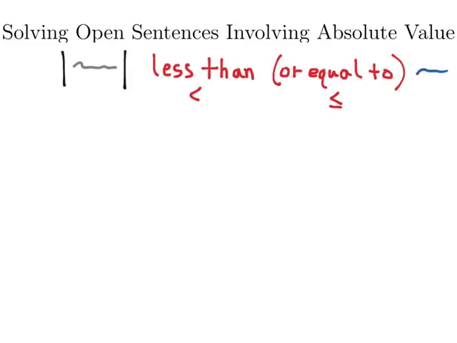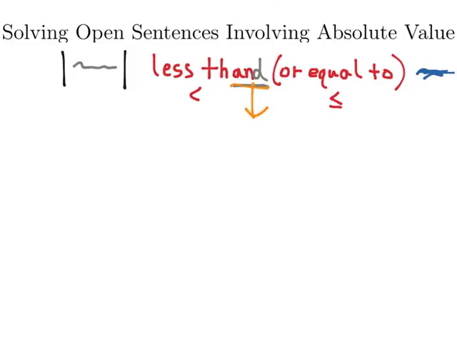So let's say you have the case where the absolute value of some stuff is less than, as in just a less than symbol or a less than or equal to symbol, some other thing on the right side. When you have an absolute value and the less than or less than or equal to, you can think of this less than as "less than and."